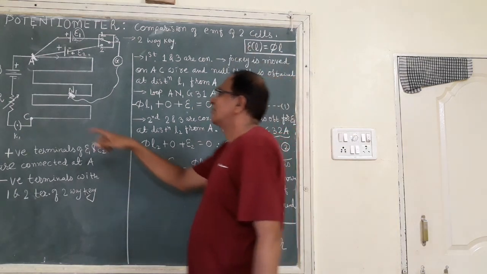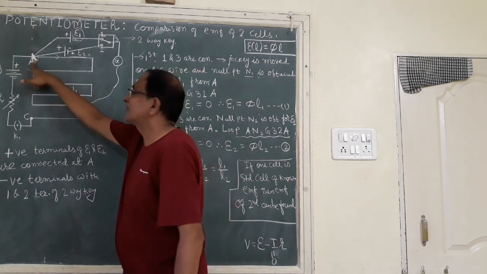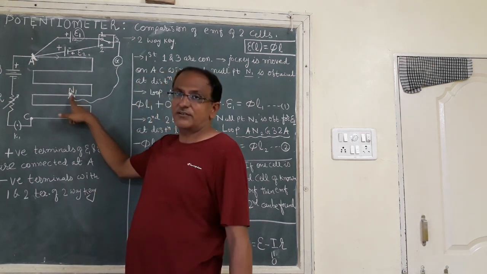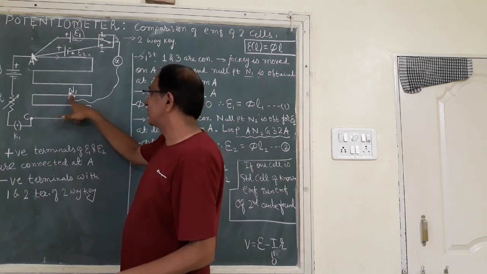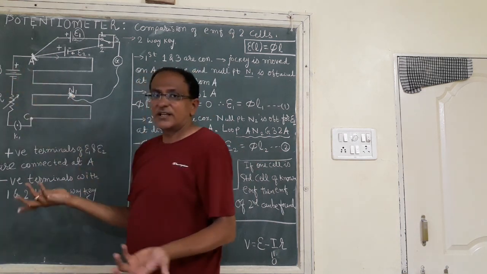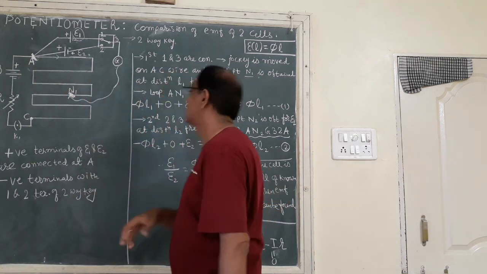When you are moving from A to N1, A is the positive terminal and this is connected to the negative terminal, so you are moving from positive to negative, so you have to take a minus sign.